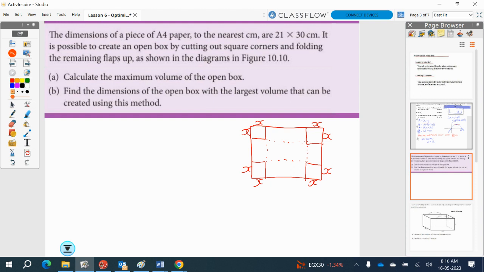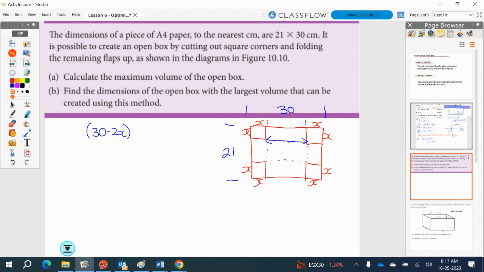So we need to calculate the volume of this box. We need to first find the length of this side here. What is going to be the length of this side here? If this side here is 30, and this side here is 21, what will be the length there? 30 minus 2x.